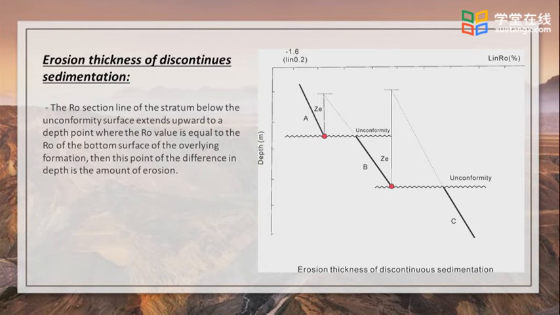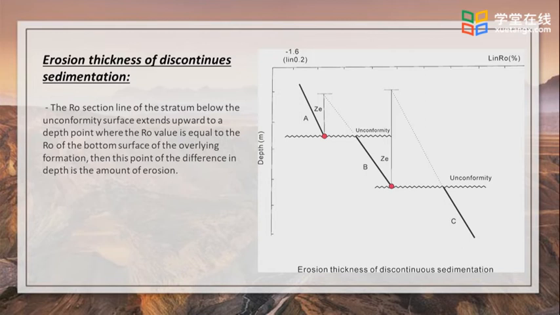So the Ro section line of the stratum below the unconformity surface extends upward linearly to the top depth point where the Ro value is equal to the Ro at the bottom of the overlying formation, which is dotted by the red one.